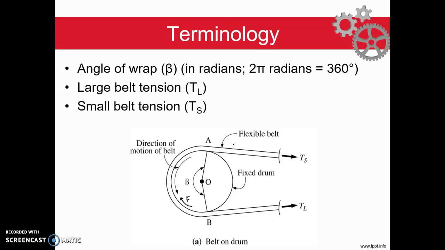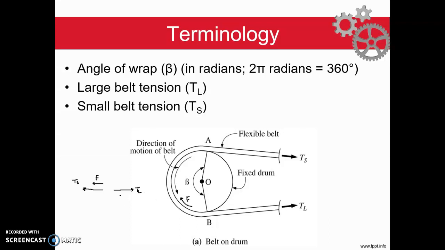So if we were to take this belt and lay it out flat, we would have, going forward on the bottom side, the large tension TL, and in the opposite direction, the TS and the friction. And those two things added together would equal the large tension.